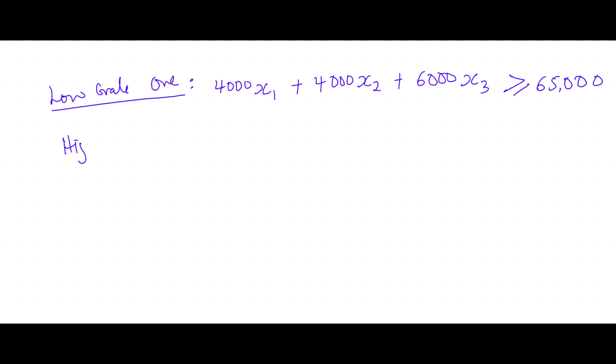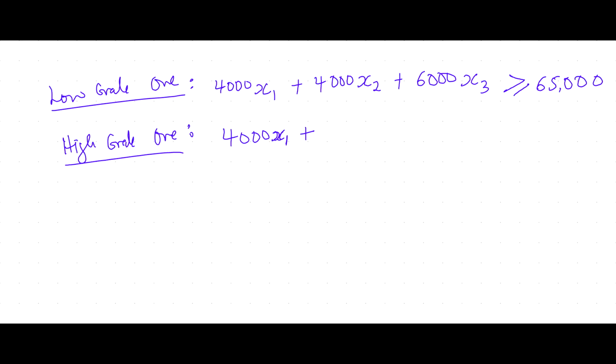The second constraint is the high grade ore. 4,000 tons of high grade ore is being produced by mine 1. So 4,000 times the total days that mine 1 operates in a week, plus for mine 2, it can do 6,000 tons in a day.